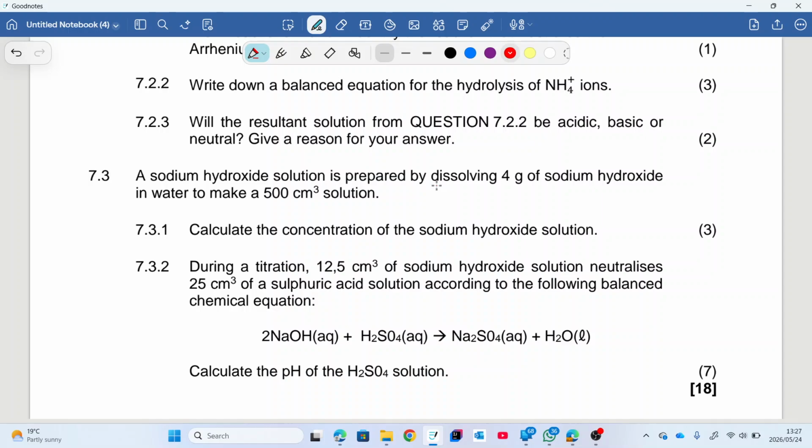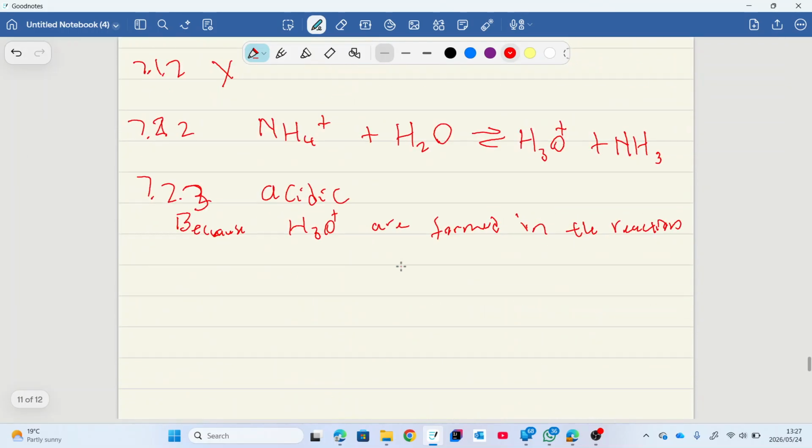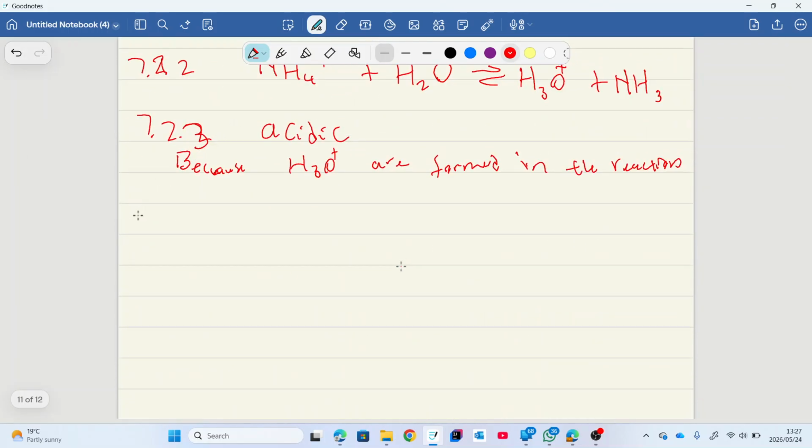Calculate the concentration of the sodium hydroxide solution. All right, let's see. So the concentration equals mass in grams divided by molar mass times the volume. Okay.